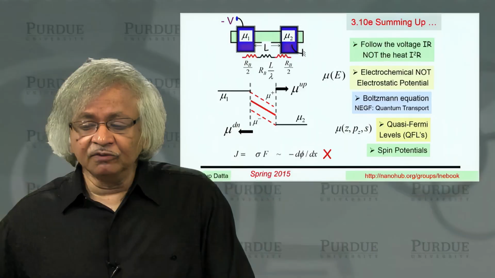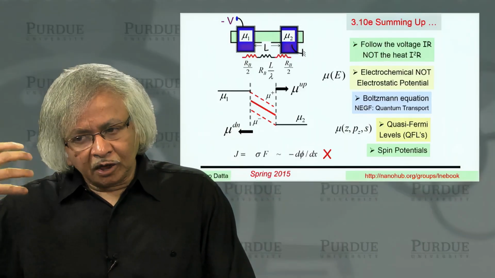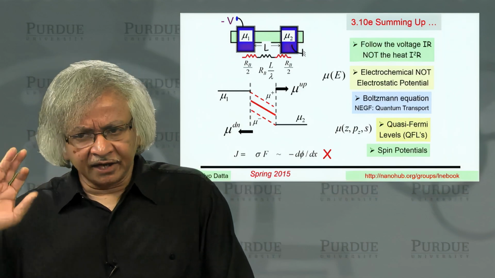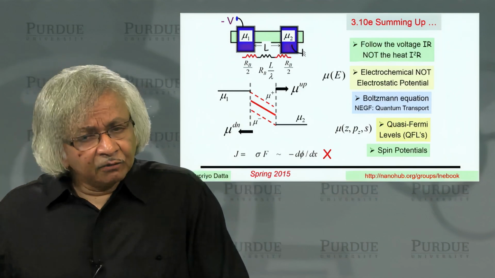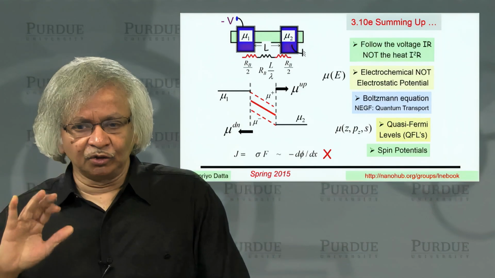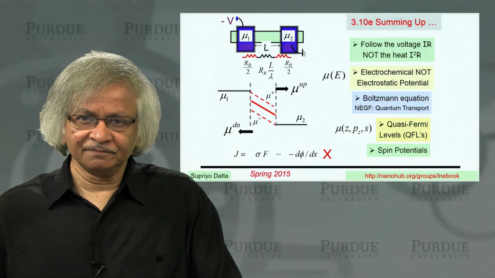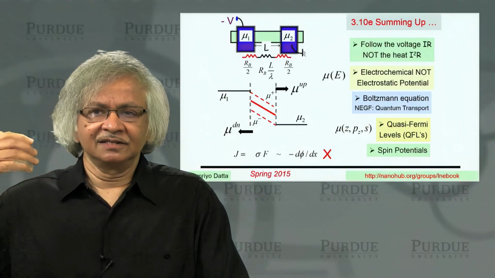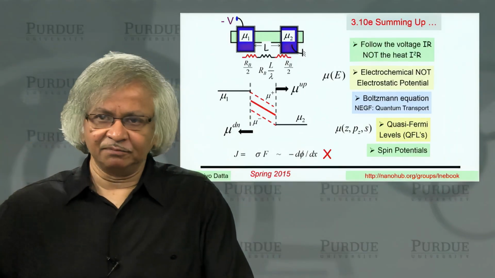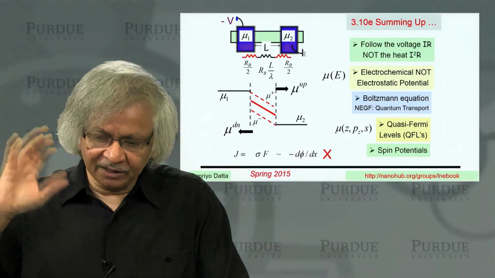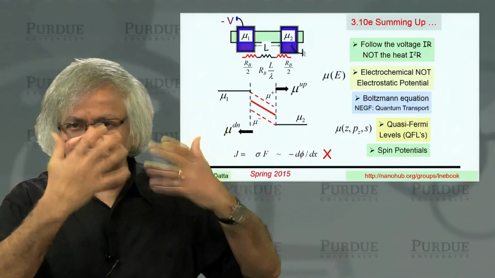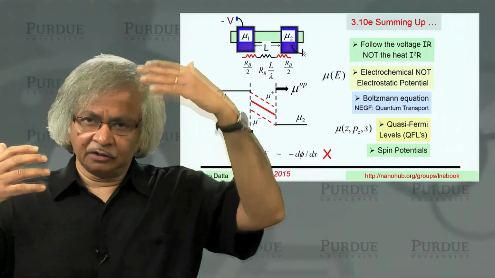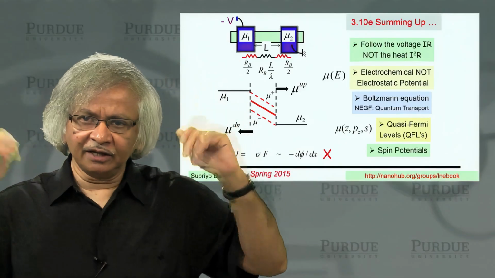Because as we move along, there will be a lot more developments, I believe, in terms of how you make contacts and the kind of materials you look at, which give you exquisite control over different quasi-Fermi levels. The way biological systems have this control over, say, the potential of sodium ions and potassium ions and so on, similarly we'd have control over different groups of states: spins, right-moving, left-moving, conduction band, valence band, all kinds of things.